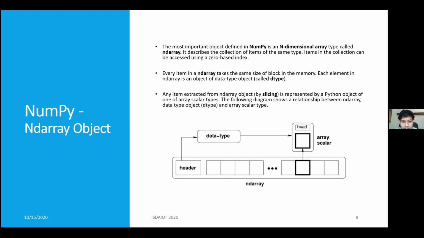So here is the key idea of this structure. This NumPy object we call the ndarray object. The ndarray is the n-dimensional array, so that's why it is called ndarray. It starts from a 0 base index, the same as C, because this library was actually written in C. Every item in an ndarray takes the same size of block in memory.